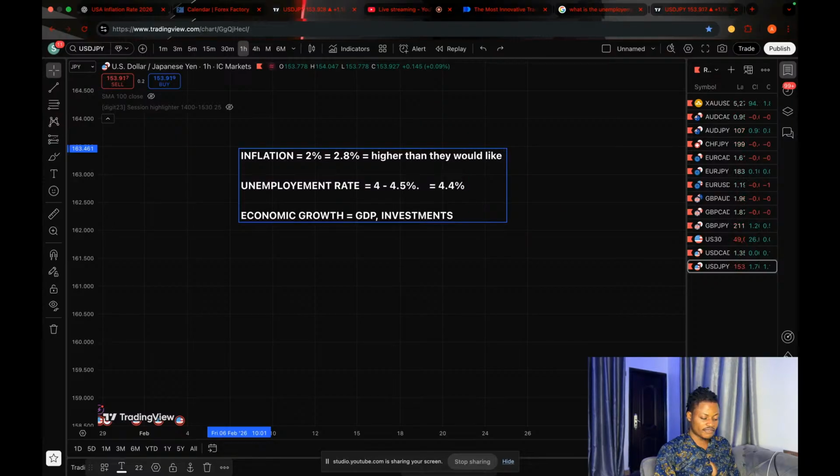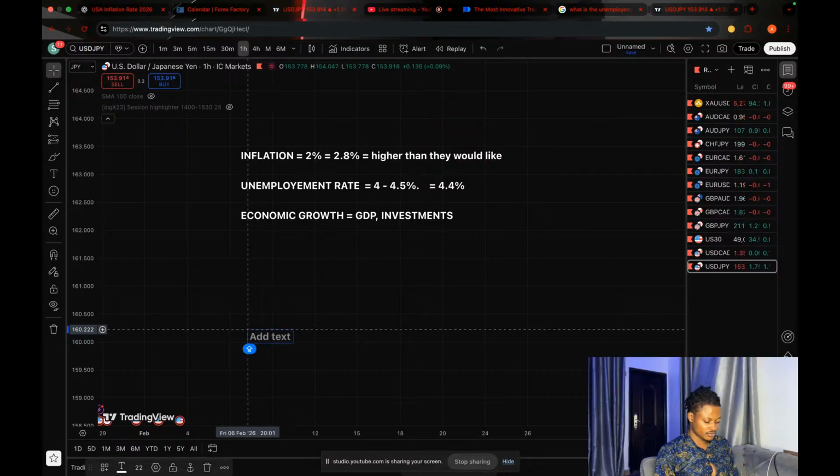So that means the first decision today is going to be favoring, since unemployment rate is within their range and inflation is higher, their decision today would be favoring reducing inflation.